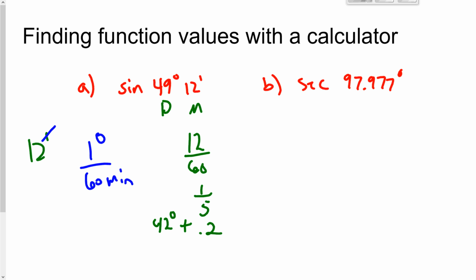So this minute will cancel out these minutes. We get 12 over 60, so that's how we get this fraction, 12 over 60, which is 1/5, which is 0.2. Then we can add that to our 49, not 42. So we get 49.2, because this is degrees.